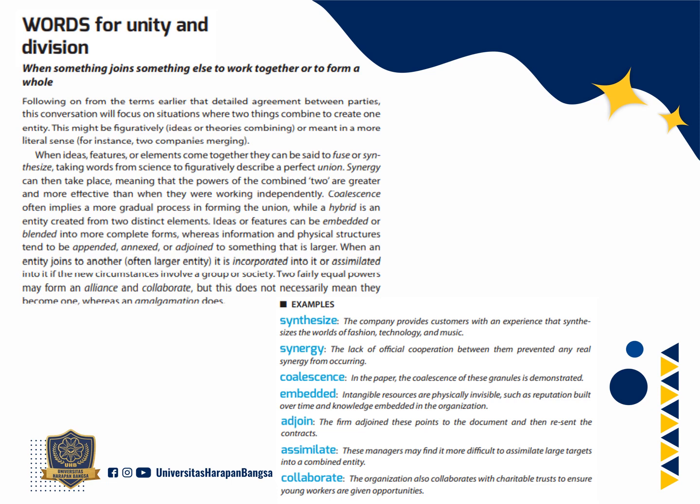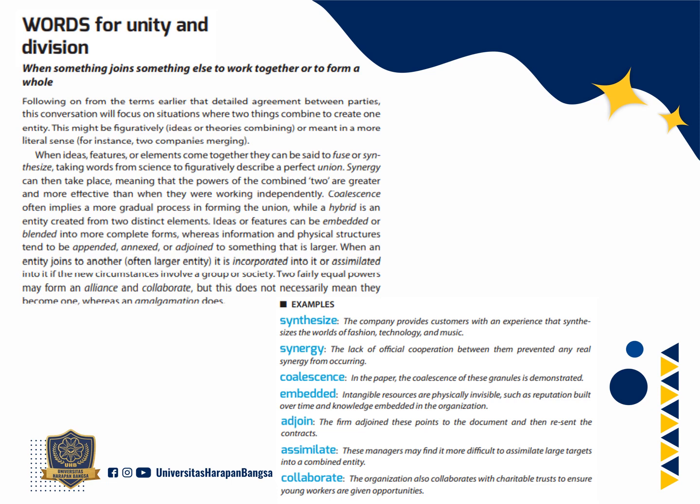Following are terms, in contrast to the earlier ones that detail agreement between parties. This section will focus on situations where two things combine to create one entity. This might be figurative, ideas or theories combining, or meant in a more literal sense, for instance, two companies merging.